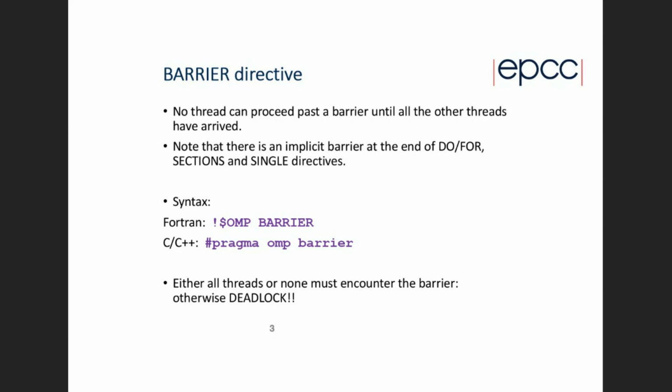No thread can proceed past the barrier until all the other threads have arrived. And we've already discussed this a bit, because there are implicit barriers at the end of the work sharing directives, like OMP do, OMP for, also sections, which I'm not going to talk about, and single directives.